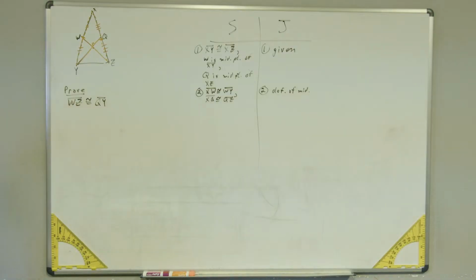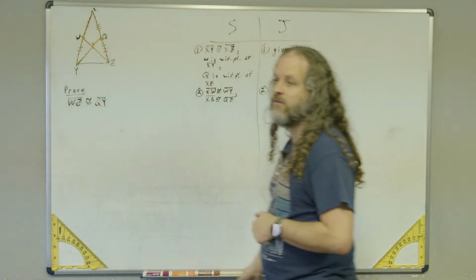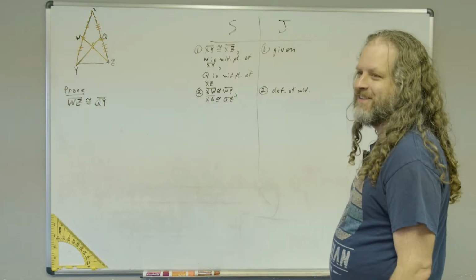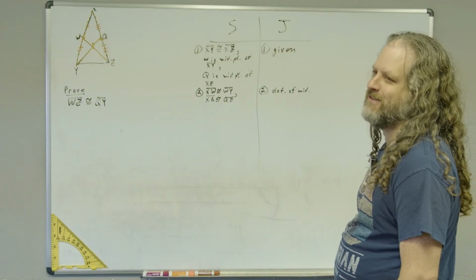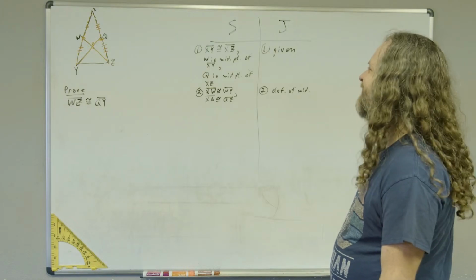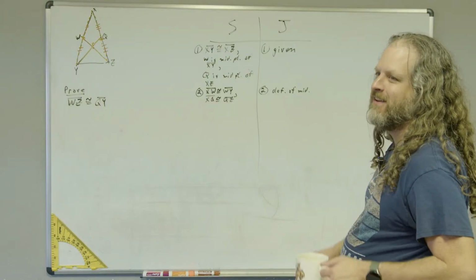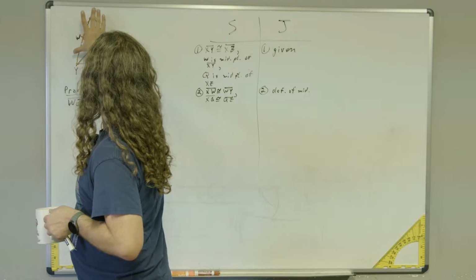What kind of triangle is that big triangle? Isosceles. It's definitely not scalene because we said that this one is congruent to that one.